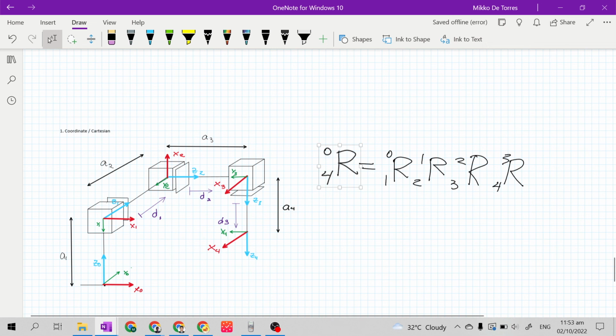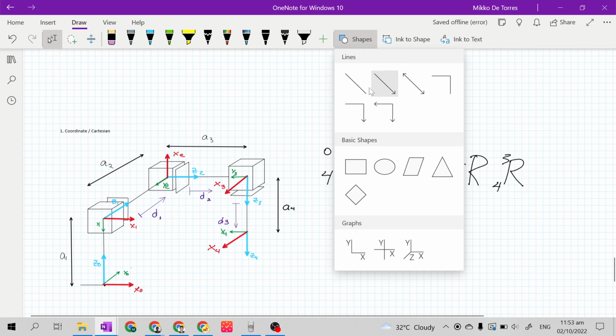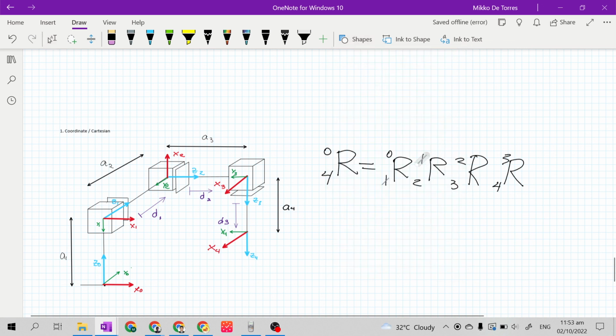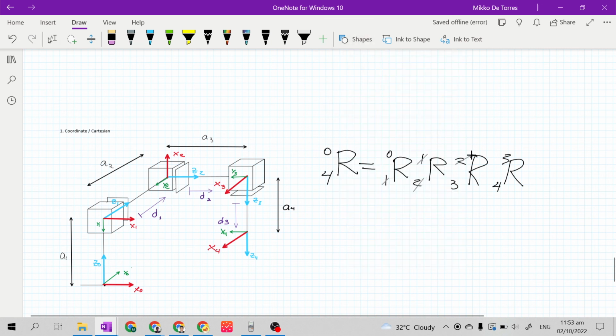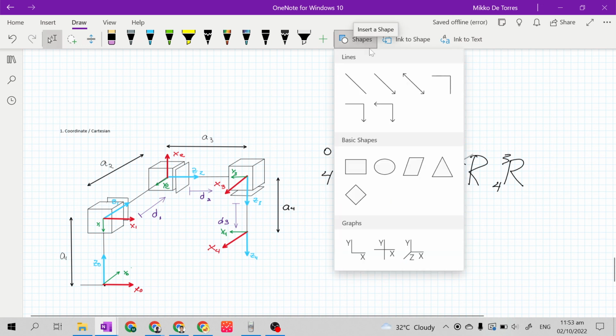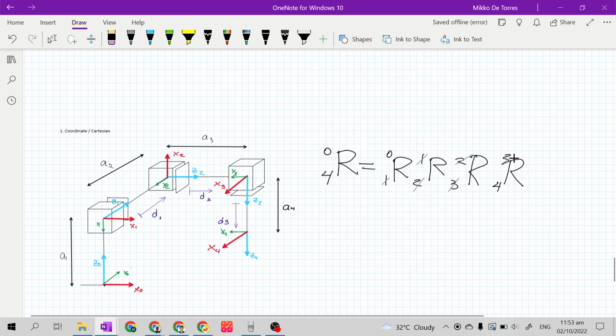As you can see, if we cancel the superscripts and subscripts, we will arrive at the rotation matrix of the whole mechanical manipulator, R04.